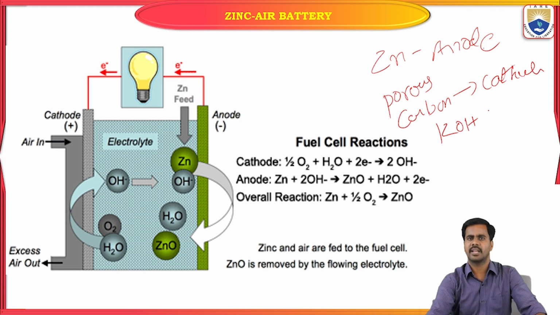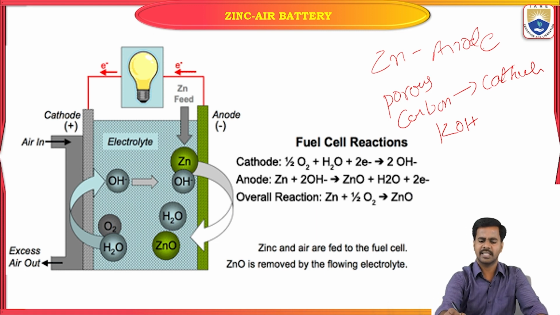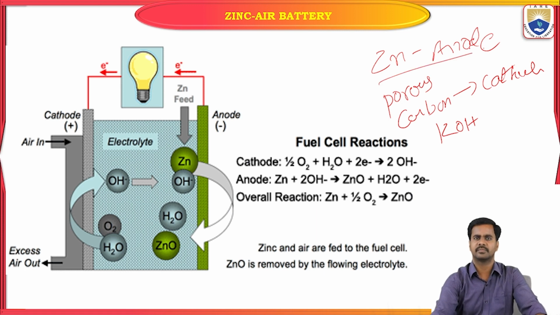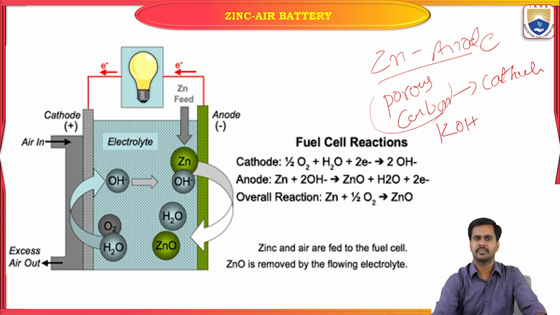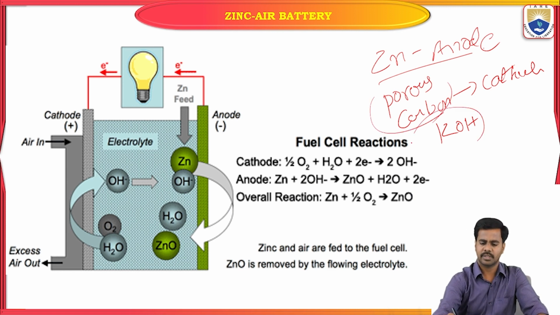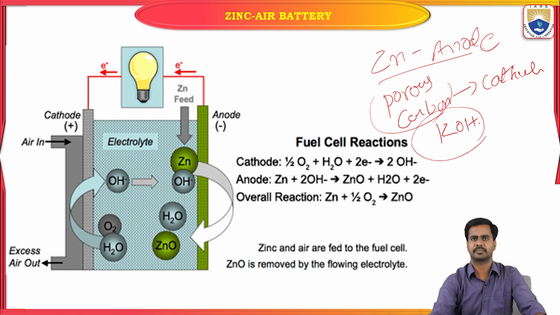So zinc air battery acts as a primary battery. That's why only the discharging process is possible. Recharging of zinc air battery is not possible. So here zinc acts as the anode, porous carbon acts as the cathode, and the electrolyte is potassium hydroxide.